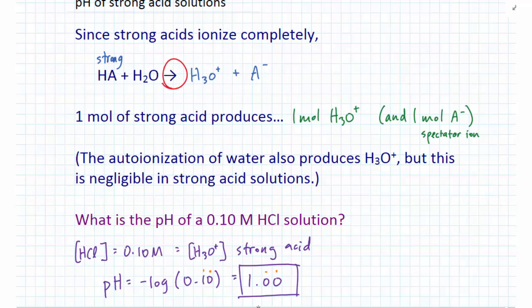So if it says 0.1 molar, that says pH equals 1. If it said 1 molar, that's 1 significant figure.